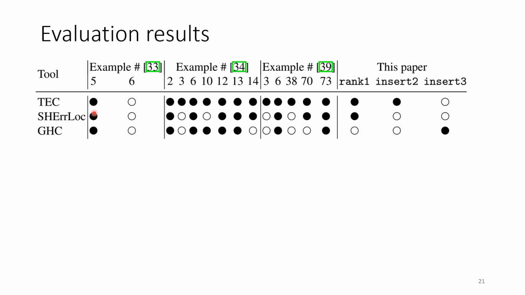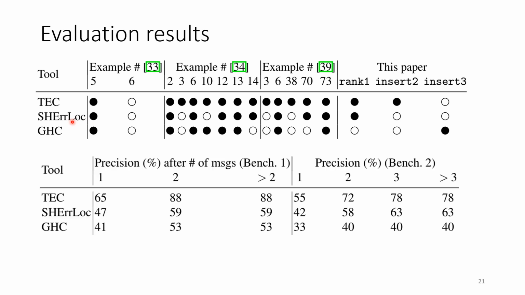Here I list some information comparing our approach TEC against Sherlock and GHC. Each black dot indicates that the error message from the tool removes the type error. So we can see that our approach is quite effective compared to these two tools.